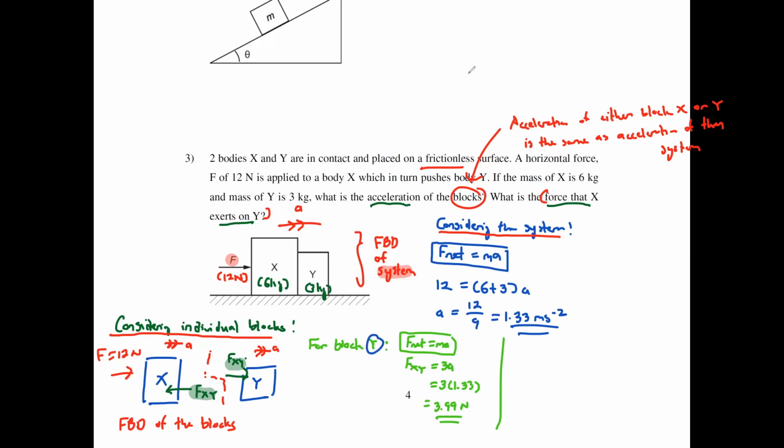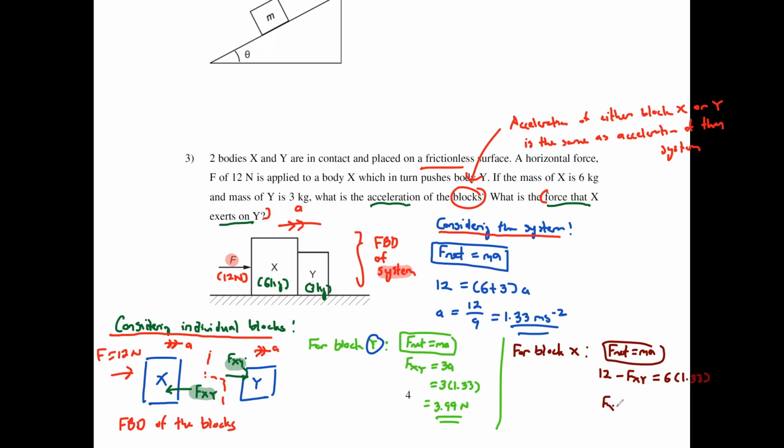Let's see, if I now use block X, would I get the same answer? I use Fnet equals ma on block X itself. The resultant force on my block X would be 12 minus Fxy equals 6 times 1.33.